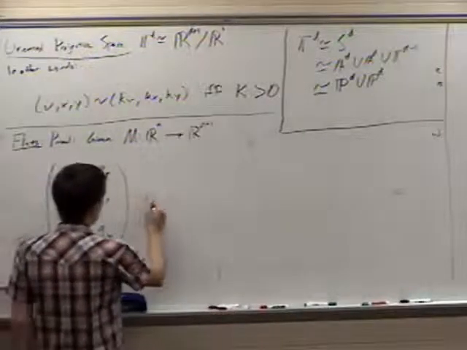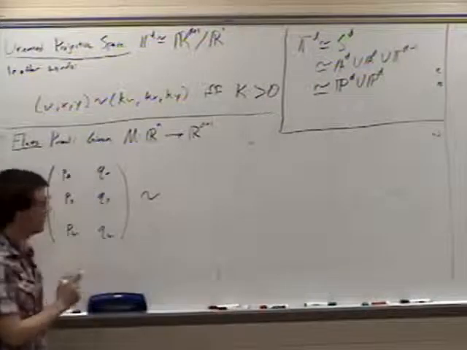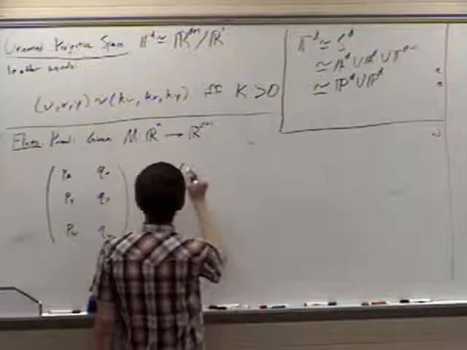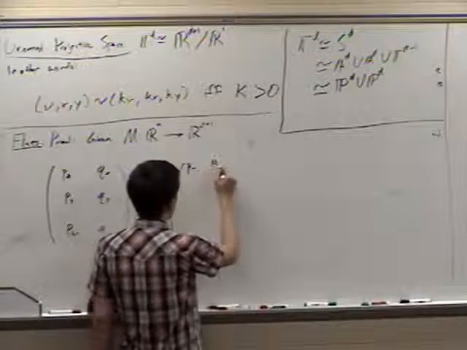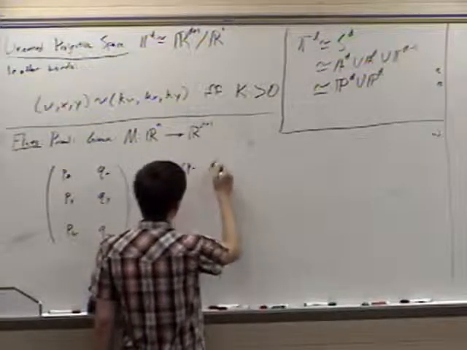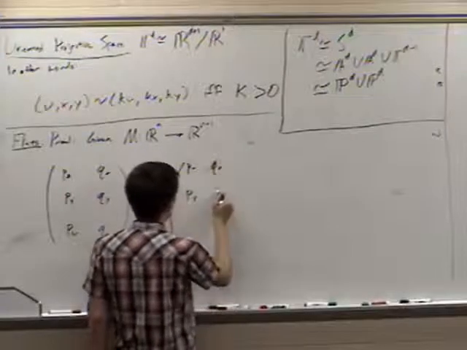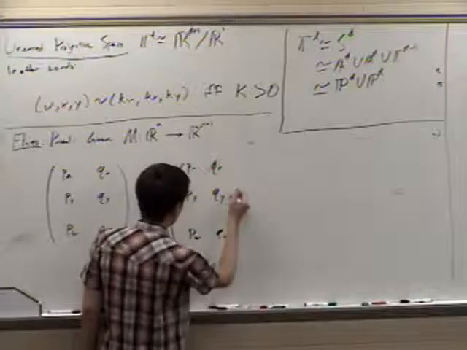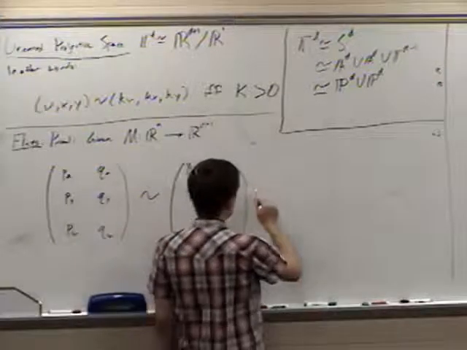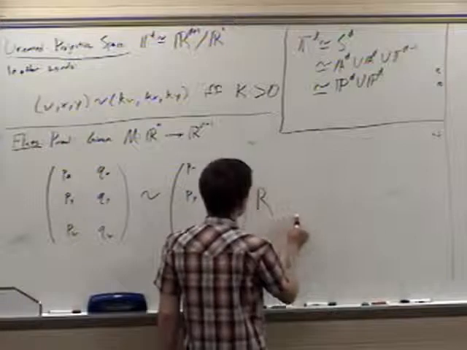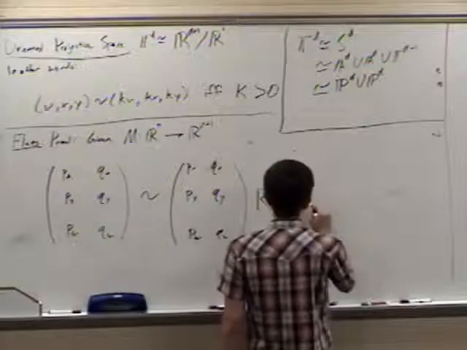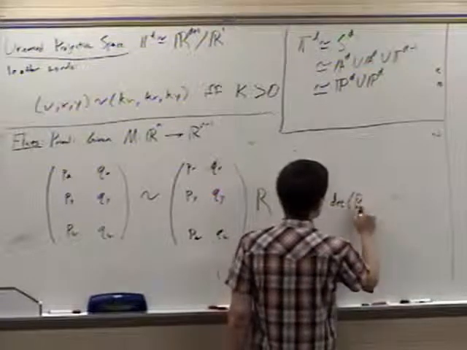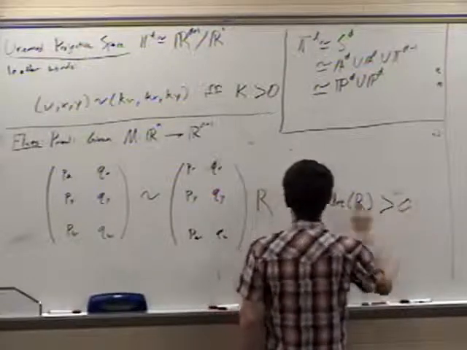Then we're going to say that the image of this flat will be similar to some other flat, Px, Qx, Py, Qy, Pw, Qw, times some matrix which we'll call R, for the determinant of R greater than 0.